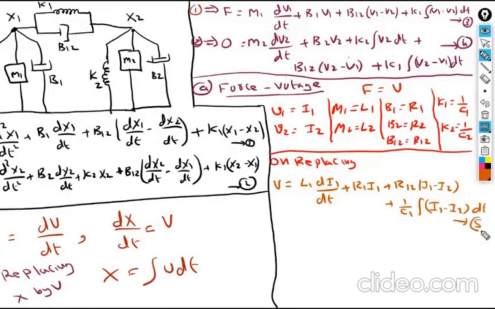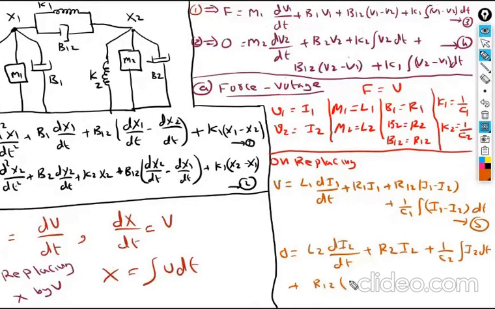And now one more equation you will be getting: 0 is equal to L2 dI2 by dt plus R2 I2 plus 1 by C2 into integration of I2 dt plus R12, this time it is I2 minus I1, plus 1 by C1 into integration, this time I2 minus I1 into dt.